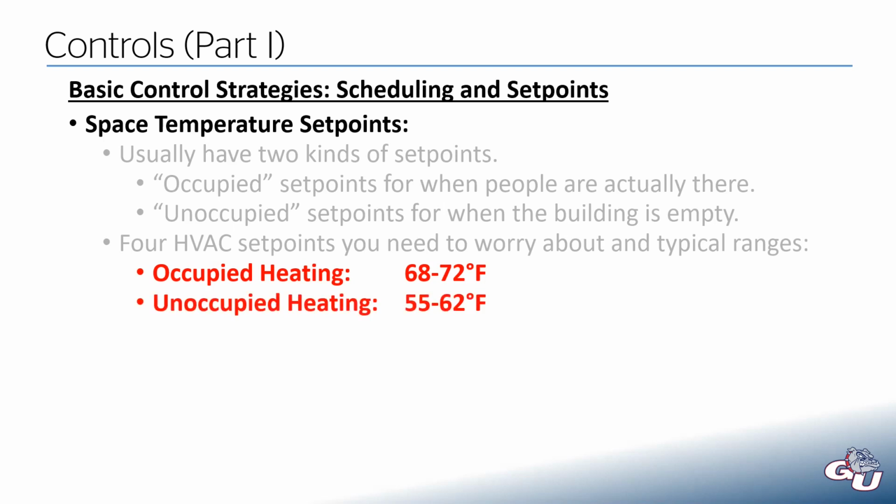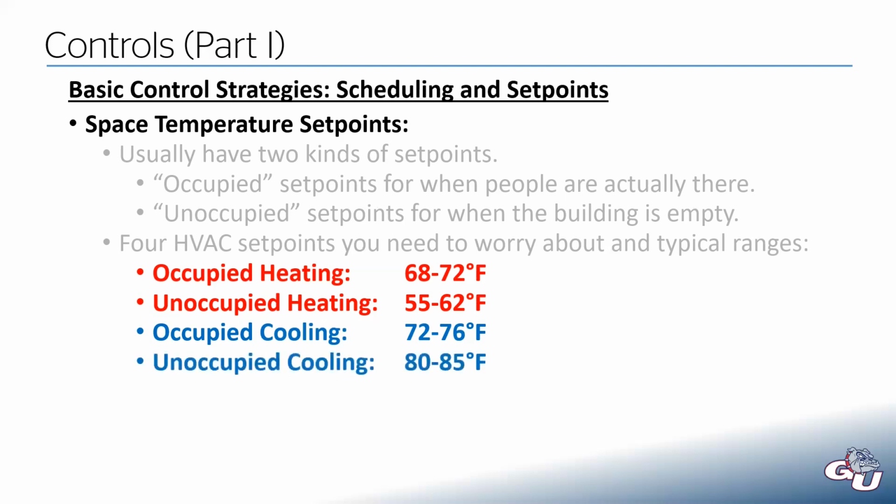Our unoccupied heating should always be lower than our occupied heating, because when people leave at the end of the day, we want to set back the temperatures to a lower value, because that's going to use less energy the colder we keep our building. Then we have our occupied cooling in the 72 to 76 degree range, and our unoccupied cooling, 80 to 85 degrees.